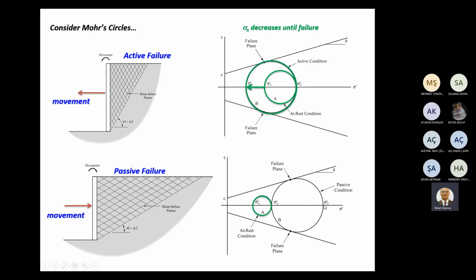So when sigma x increases to this value, our new circle will touch the failure envelope, and this is the time of failure, and failure will be mobilized along these failure zones.